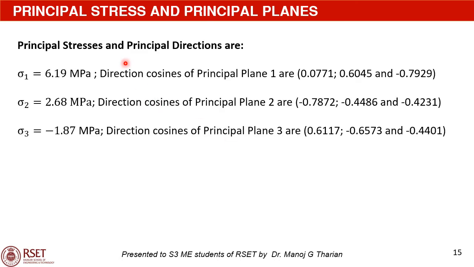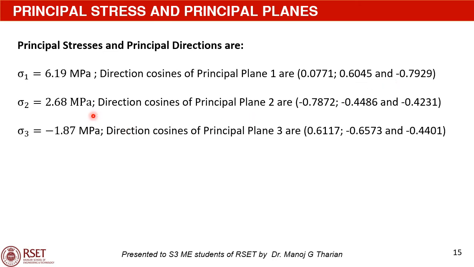Now we have written here the answers, that is, the principal stresses and the corresponding principal directions. We have the first principal stress sigma 1 equal to 6.19 megapascal. The direction cosines of principal plane 1 are 0.0771, 0.6045 and -0.7929.